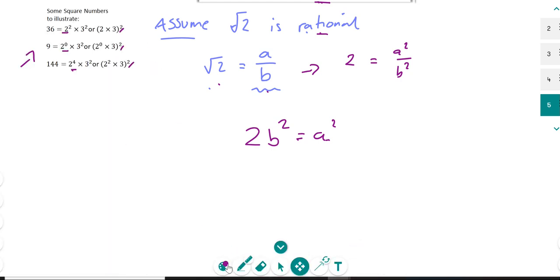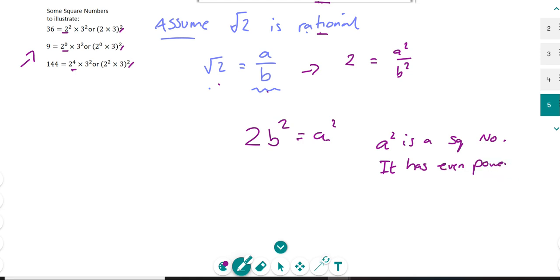I'm going to start by saying a squared is a square number. What do square numbers do? Well, you'll see this later. It has even powers. That's what a square number really does.